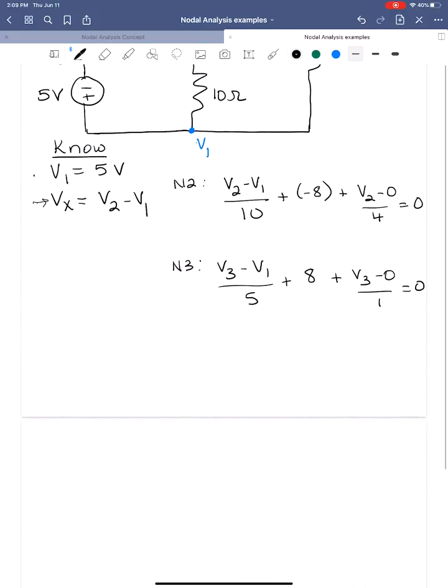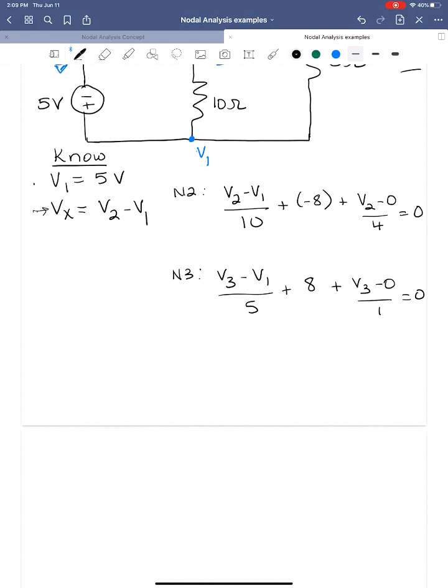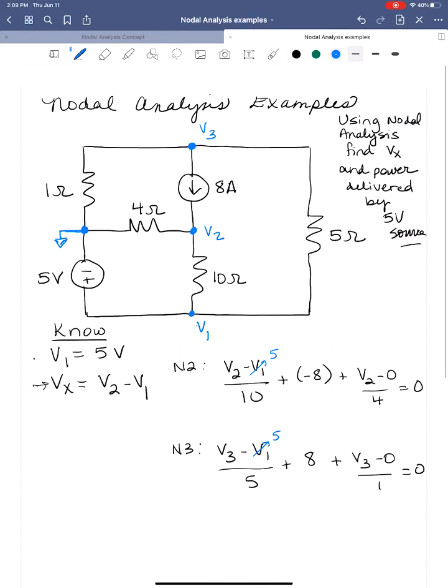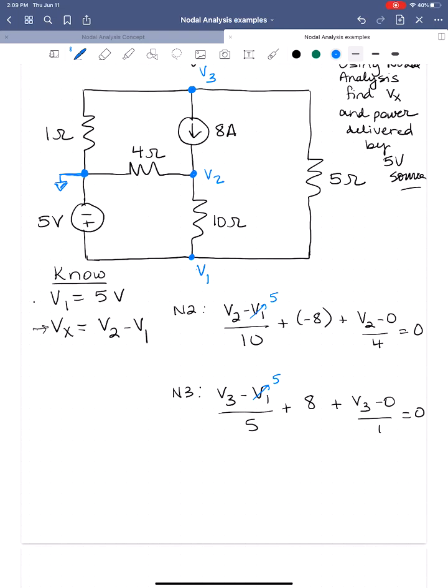All right, so we have two equations here, two unknowns, because we know that V1 is 5. Again, just to remind you, as we're looking at the currents through the resistors, when we look at those voltage drops, it's the node voltage for the node we're handling, minus the voltage on the other side, divided by the resistance.